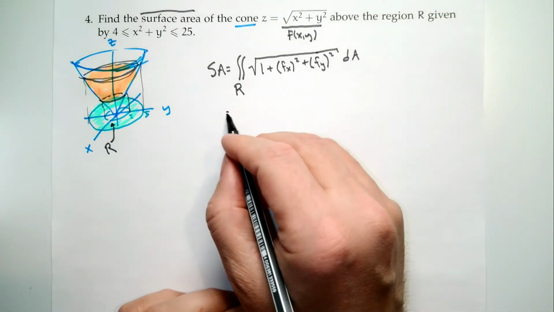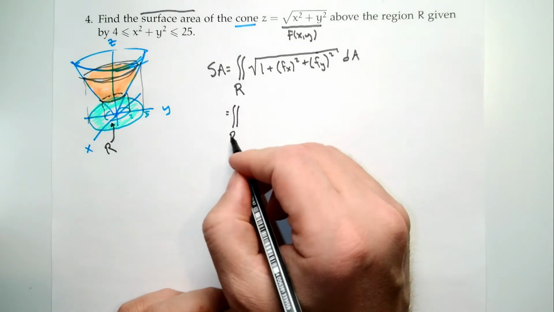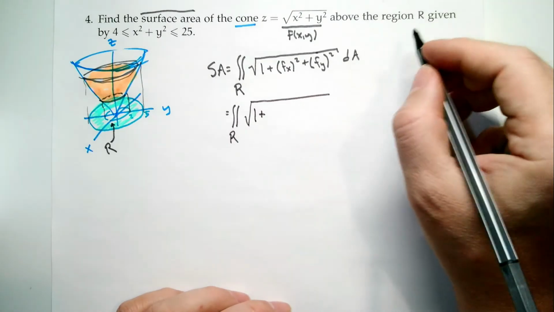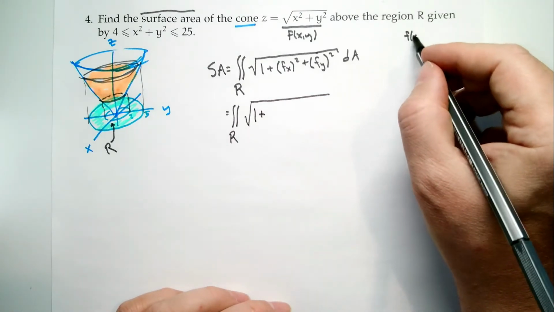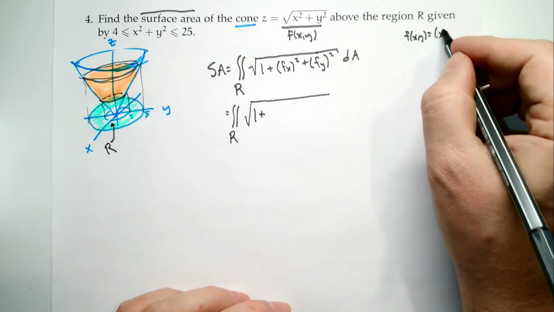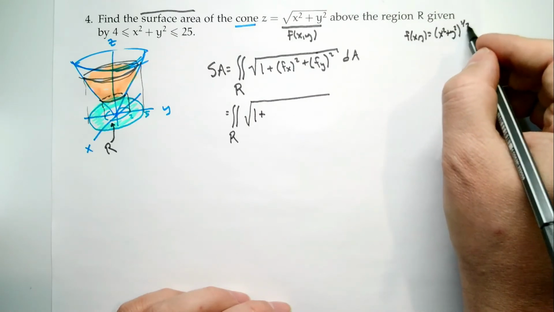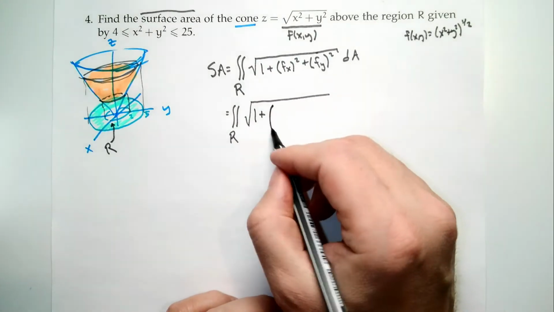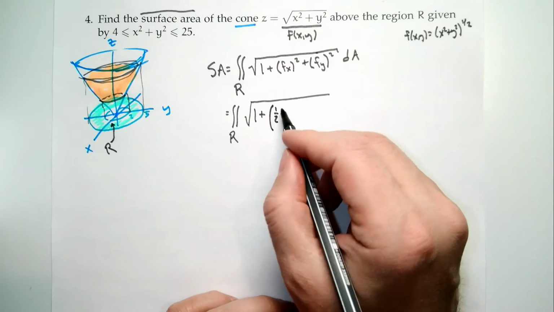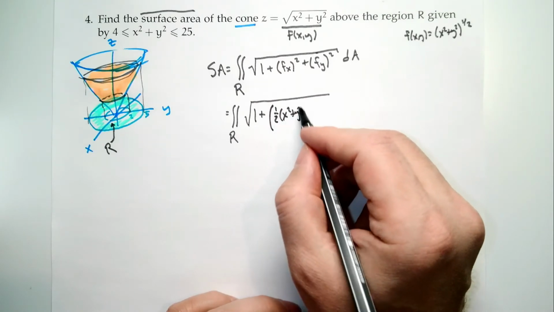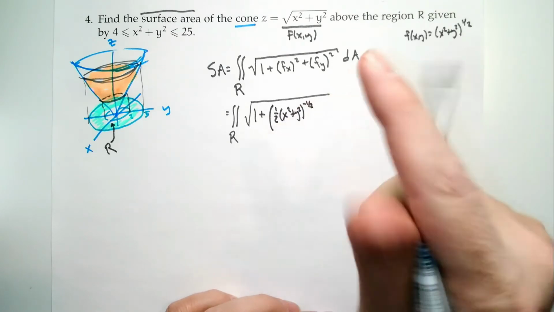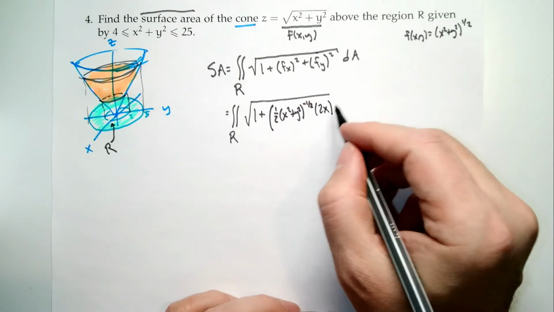So it equals the integral over our region, square root of 1 plus. Now, if our function is x squared plus y squared to the half, that's kind of the more calculus-y way to write it, as something to a power. So I'm taking the derivative of that: the 1/2 comes down, x squared plus y squared to the minus a half, times the derivative of the inside with respect to x, which is 2x.